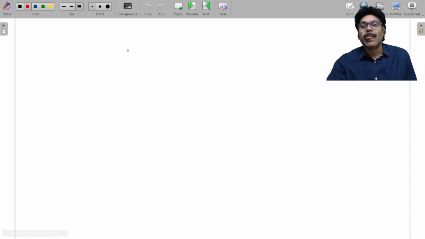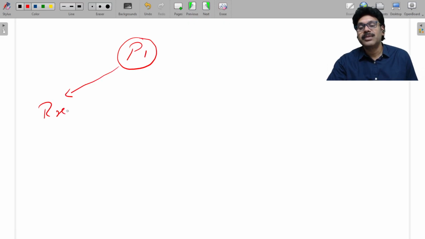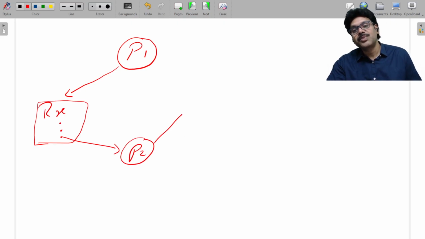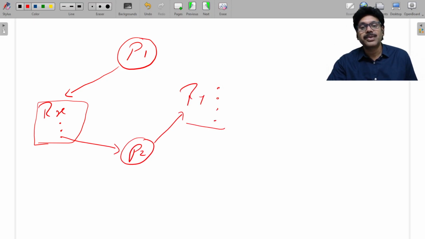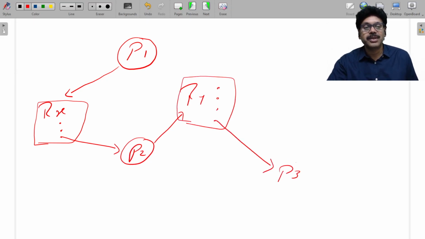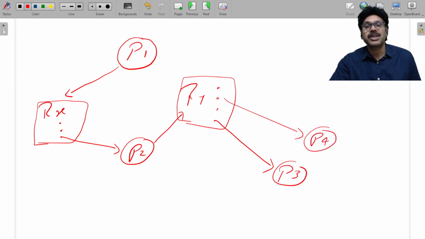And the other scenario, there is a process P1. There is a resource Rx. It has got 3 copies. One copy I have given to process P2. And process P2 is requesting for resource RY, which has got 4 copies. One of the copies is given to process P3, and one of the copies is given to process P4. Assignment edge always comes from resource only.